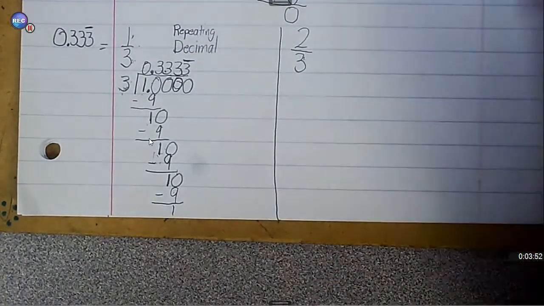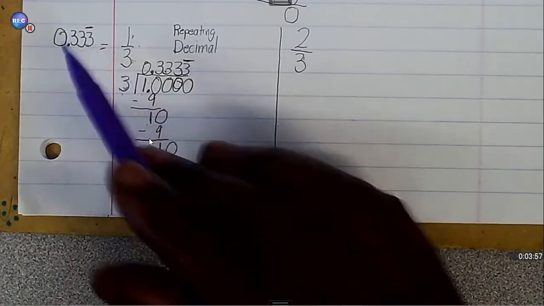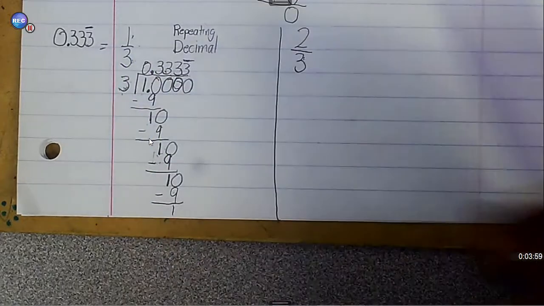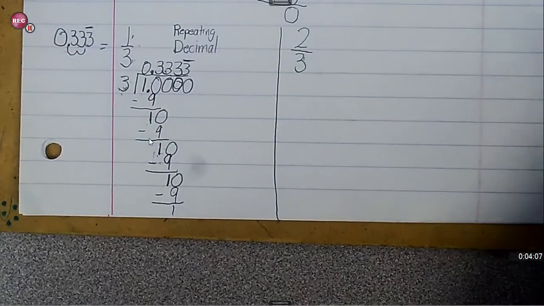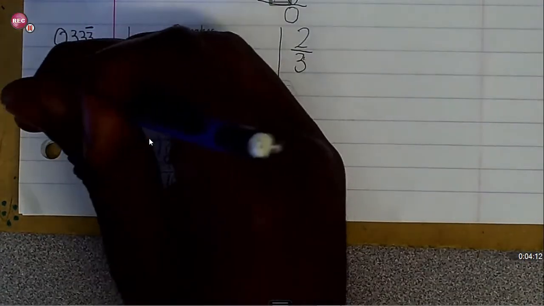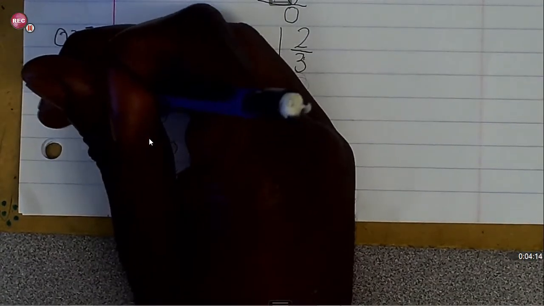So now, if I wanted to change this to a percent, I am going to move the decimal place 2 places to the right. 1, 2. And that's going to give us 33 and 3/10%.